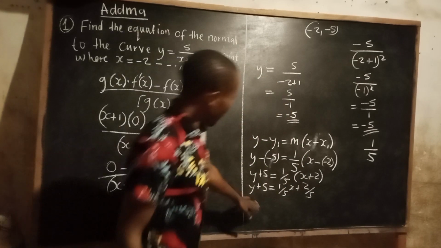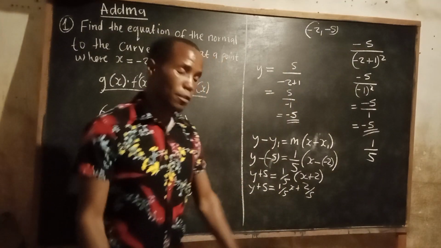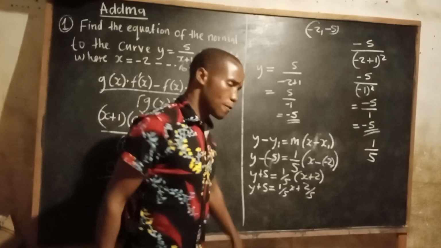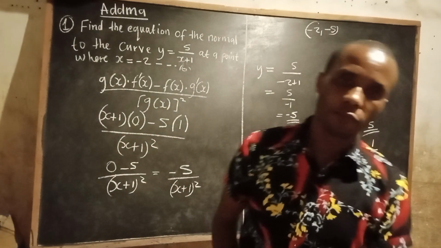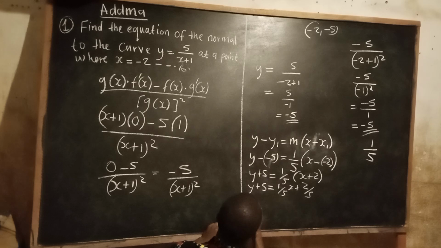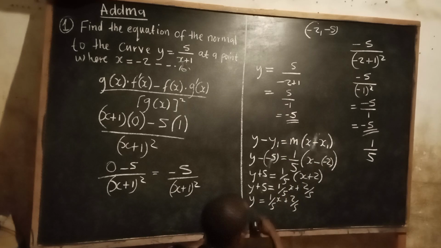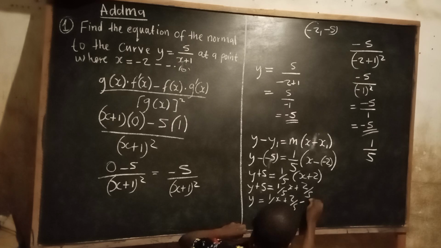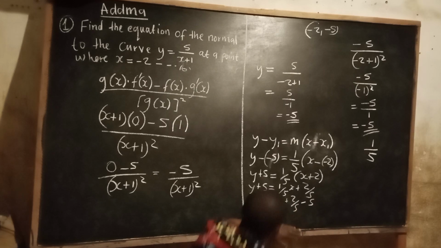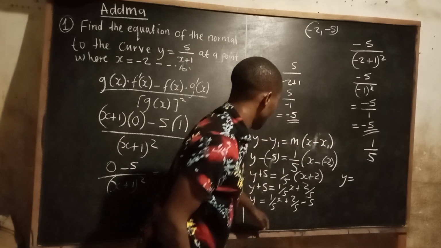Now from there, we can collect the like terms so that we leave it in explicit form. That means y should be the subject of everything. So y equals 1 over 5x plus 2 over 5, then this 5, when it crosses an equal sign, will automatically become negative.